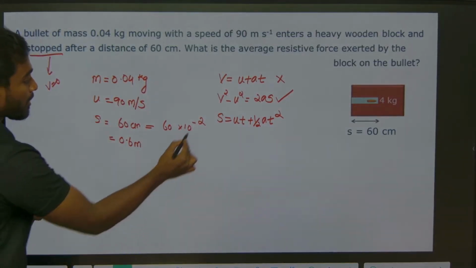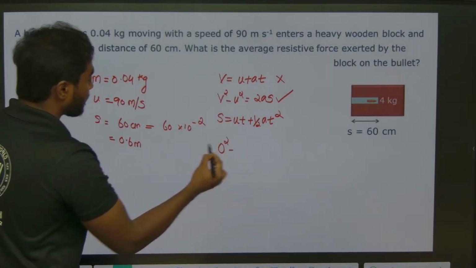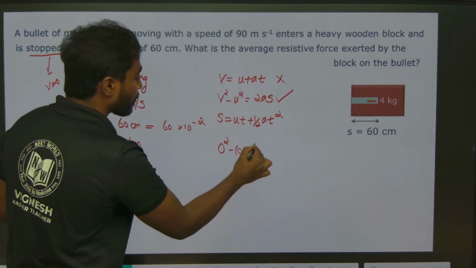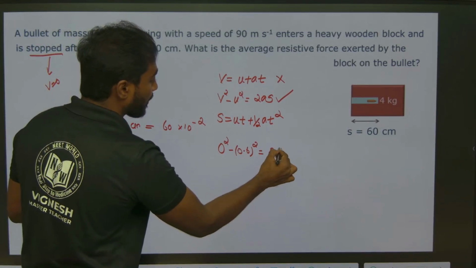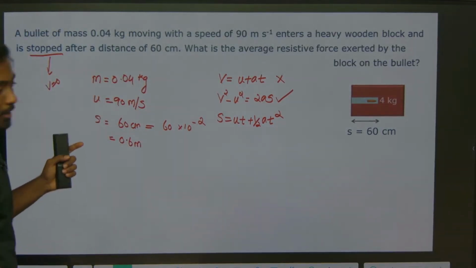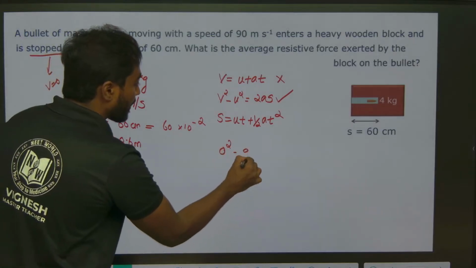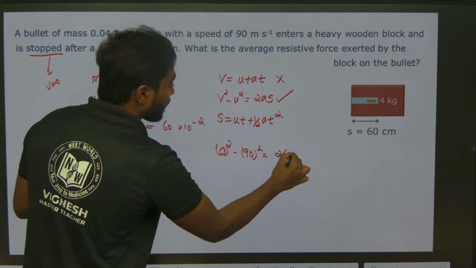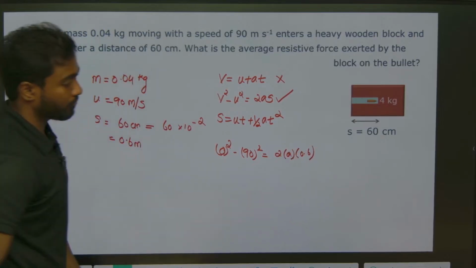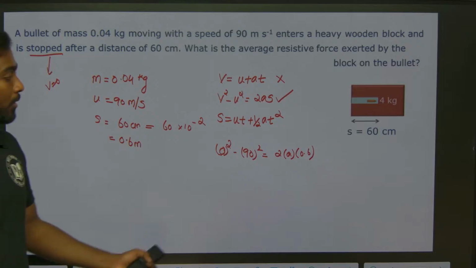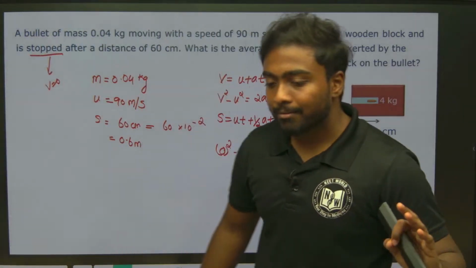So, V is 0 square minus U square, 90 square I should take, should be equal to 2 times acceleration times 0.6. So, 0 square minus 90 square is equal to 2 into A into 0.6, right? So, from this I can find the acceleration.